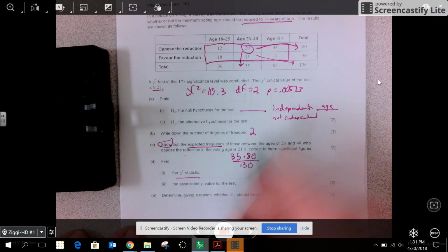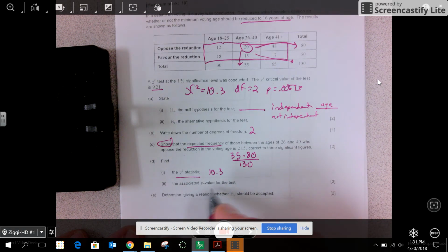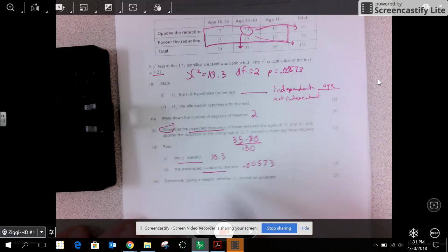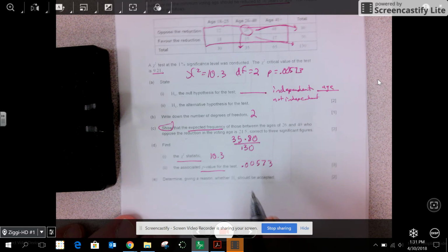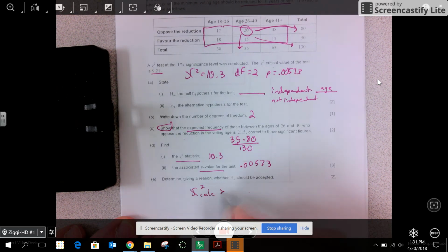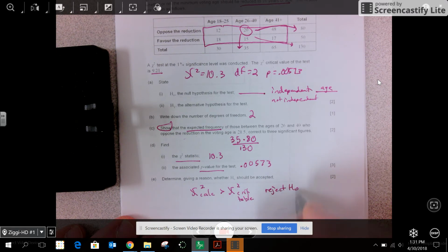Find the chi-squared statistic. We did 10.3. The associated p-value for the test, we did 0.00573. Determine giving a reason whether you should accept the null hypothesis. So if the chi-squared calculated is greater than the chi-squared critical, or the table we called it, then we reject the null.